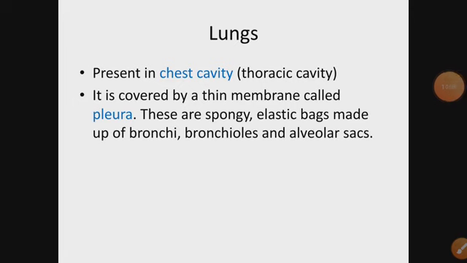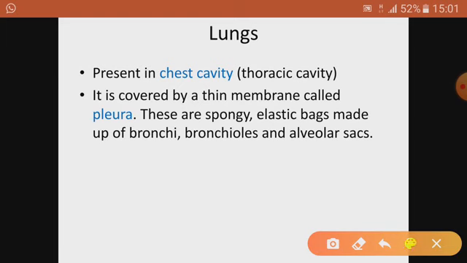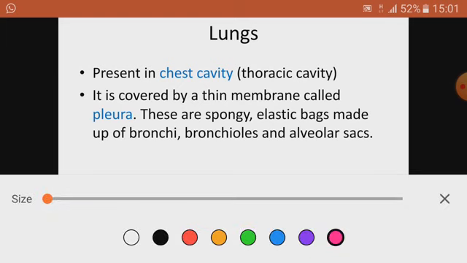Now the lungs are present in the chest cavity. Chest cavity is called thoracic cavity. Then you have the diaphragm, and below one more cavity is there, that is called the abdominal cavity. The diaphragm divides the thoracic cavity and abdominal cavity. It is a muscular partition between these two.